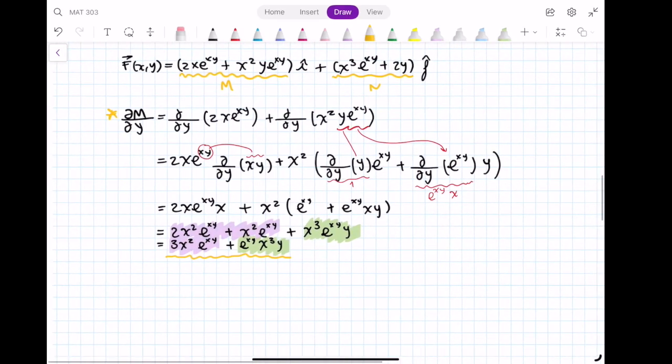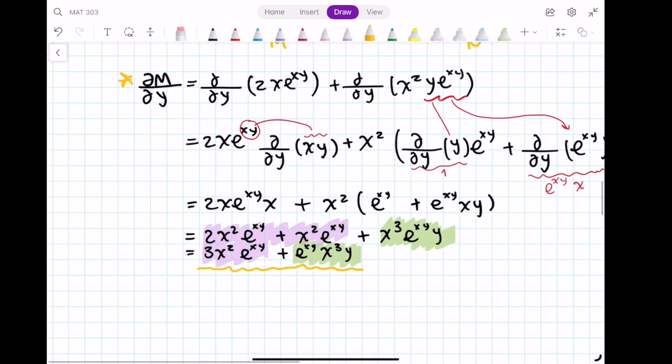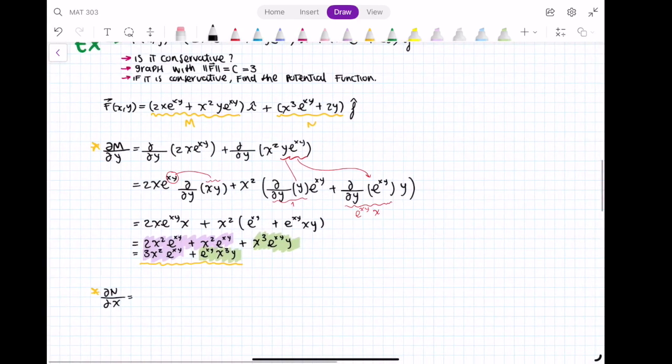Now we can do with respect to x, right? So and our x. Okay, perfect.